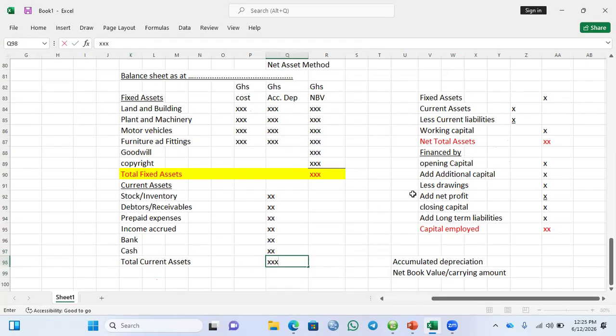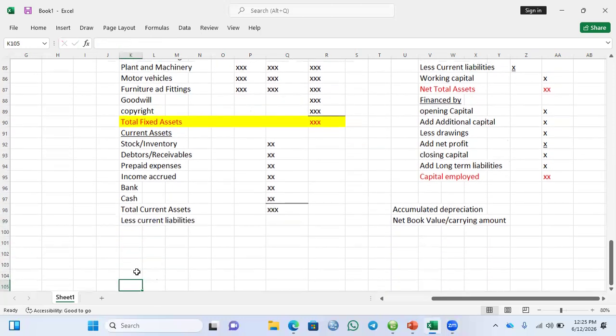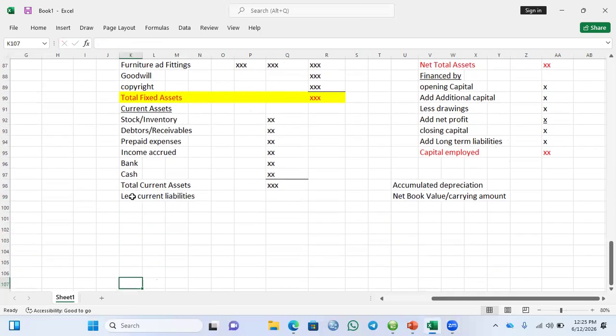Then let's go to our skeleton. From your current assets, what do you do? You less current liabilities so that you can get the working capital. So you go and also say less your current liabilities. And again here, professors, you are going to help me list the current liabilities.